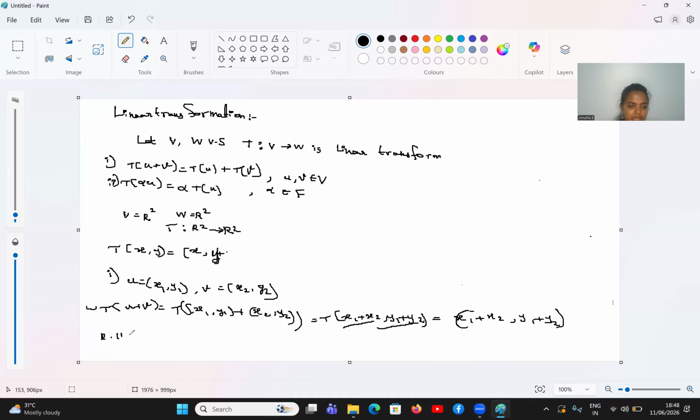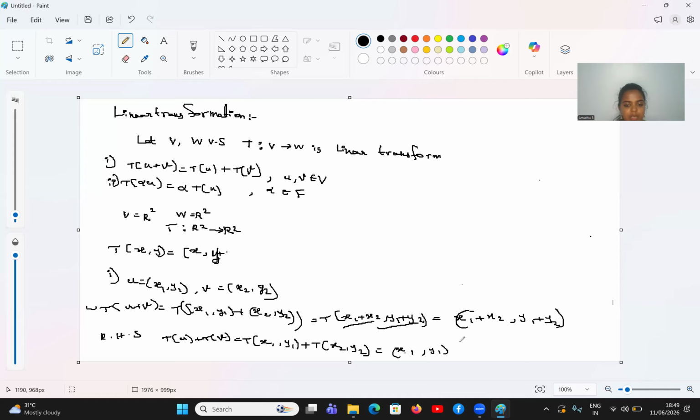Now I am going to write the right hand side. What is the right hand side? T of u plus T of v. You have taken x1, y1 as u plus T of v means x2 comma y2. Here you are having two maps. T of x1 comma y1 means when you apply the map, you get x1 in the first position and y1 in the second position.